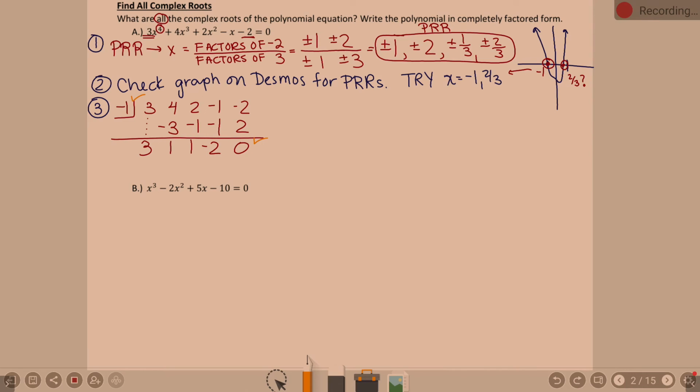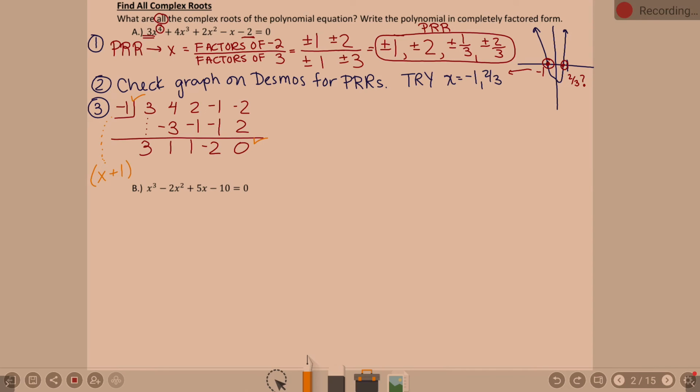Okay, so that means one of my zeros is x equals -1. That is one of my zeros or my roots, depending on how they ask it. While I'm here, what is -1 represented as a factor? Because they also ask for factored form. If you have a zero of -1, the factor is x plus 1.